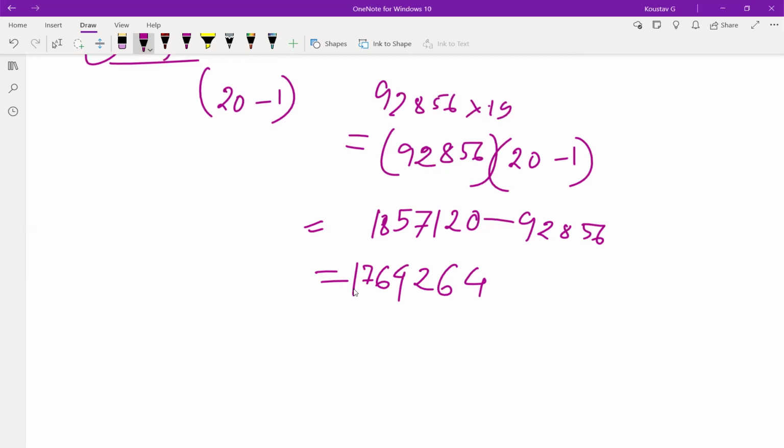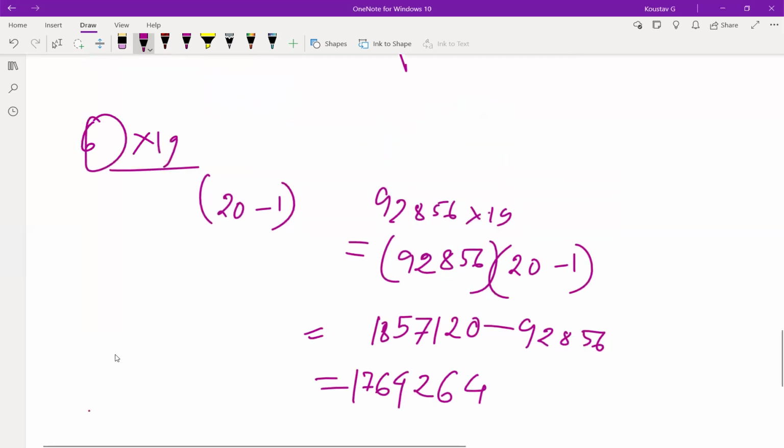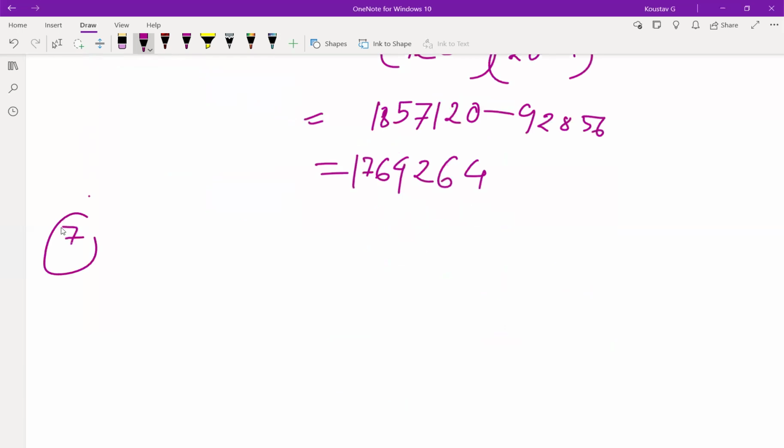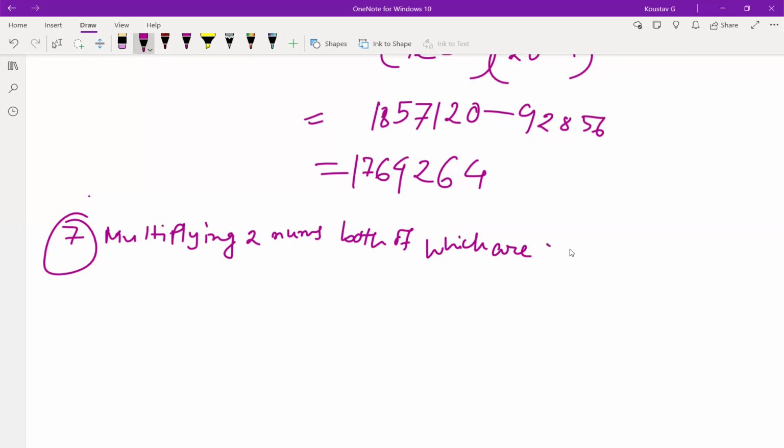Suppose you want to multiply two-digit numbers, both of which are close to the same power of 10.